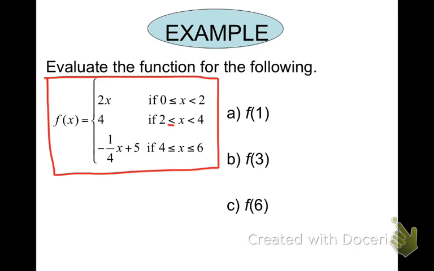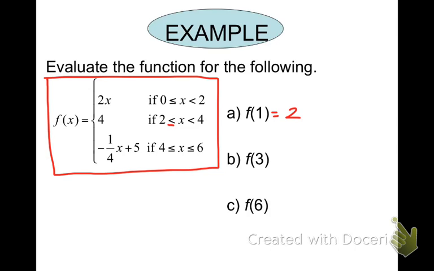Does it fit into the domain in our first, second, or third domain set? First. 1 is in between 0 and 2, right? So since 1 is in between 0 and 2, I'm going to plug in the 1 with that matching expression for x. Well, what is 2 times 1? 2. So f of 1 is equal to 2.